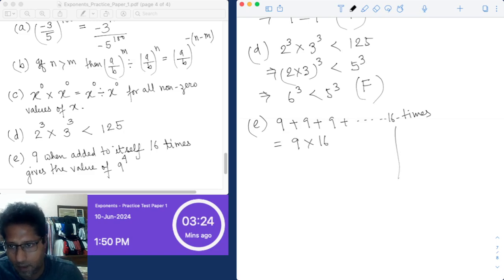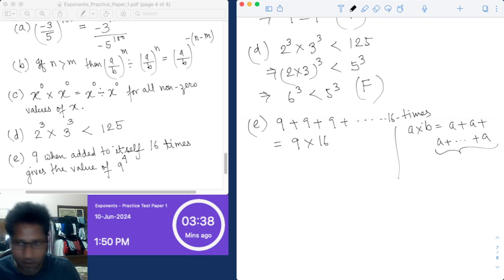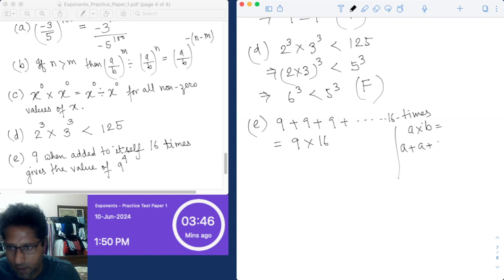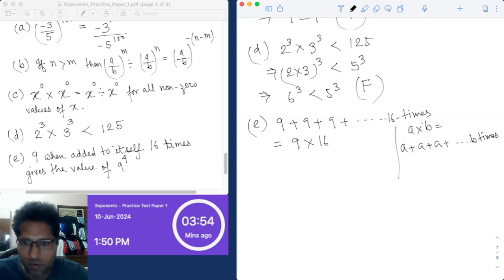We know that A multiplied by B is nothing but we add A, B times. When we add A B times, the value is A into B. So if you are adding 9 16 times, the value should be 9 cross 16. This is definitely not equal to 9 to the power 4.